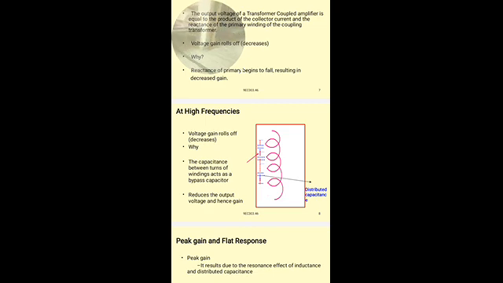the point with the high potential acts as a positive plate, and the point in the coil with a low potential acts as a negative plate, and the air between these two points acts as a dielectric. So the capacitance between the turns of a winding acts as a bypass capacitor.